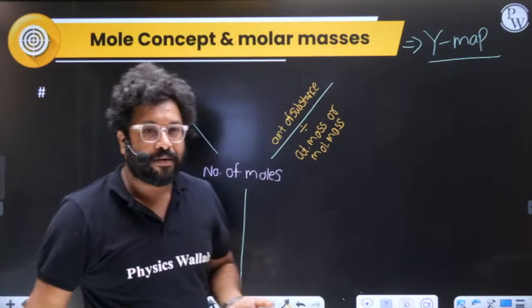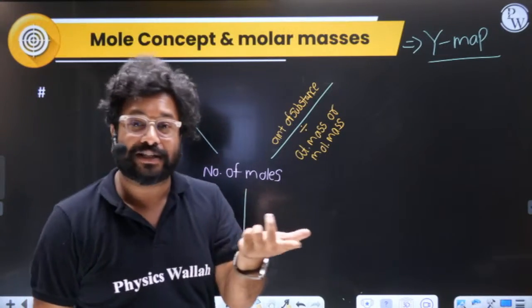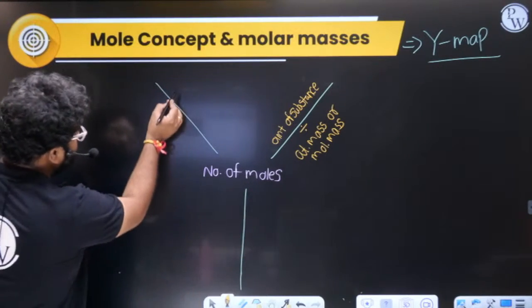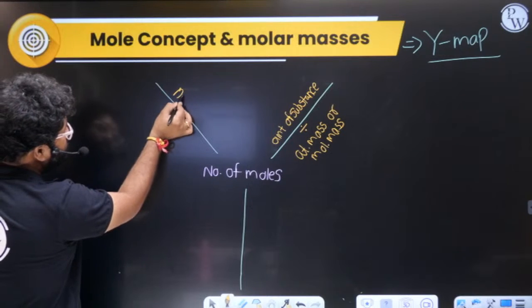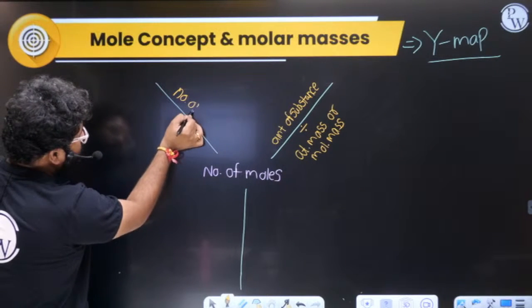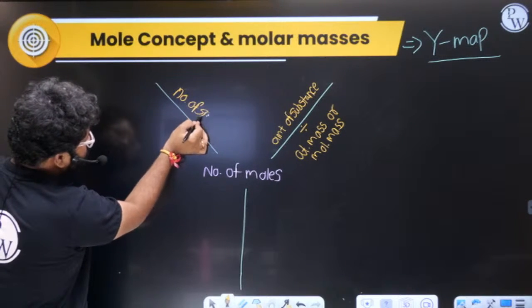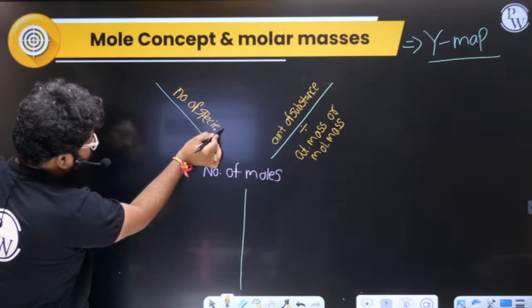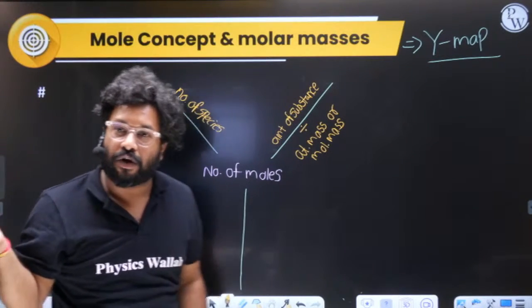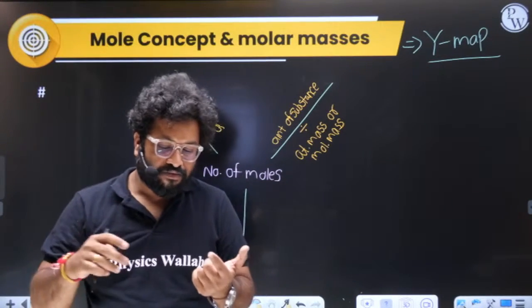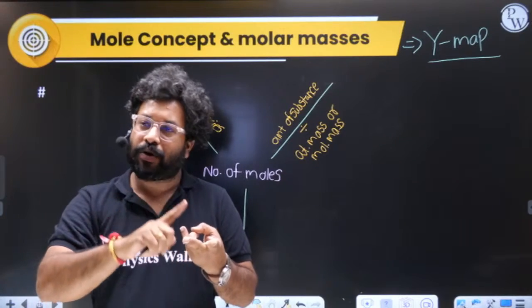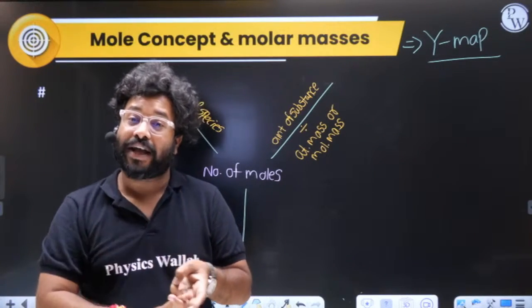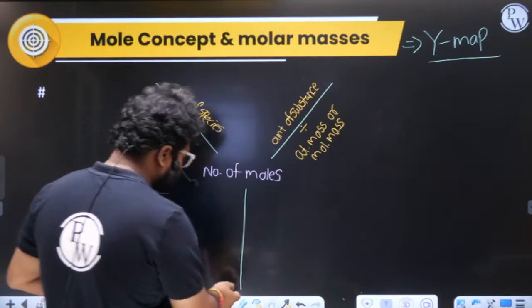There's one more way by which you can get the number of moles. That is the number of species which is being given. Number of species could be number of atoms, number of molecules, or number of ions. It could be anything. I'll explain that as well.